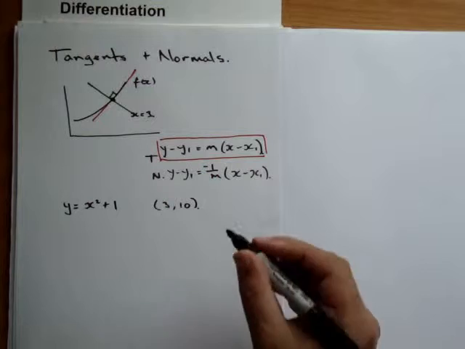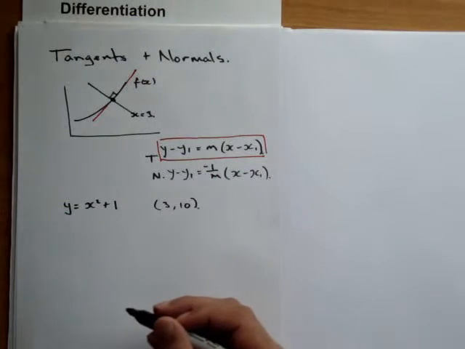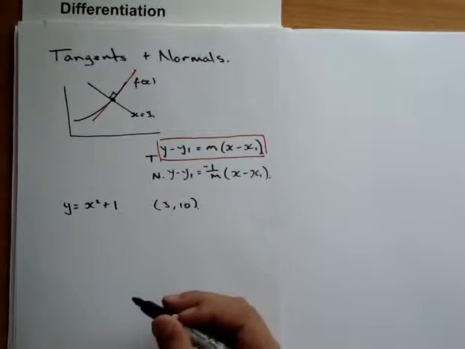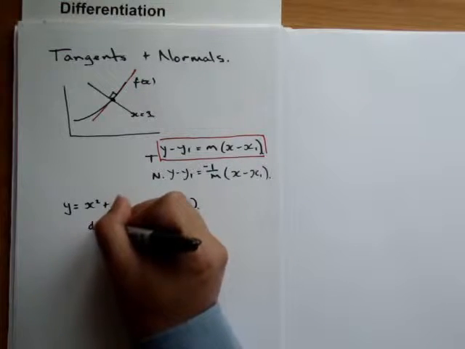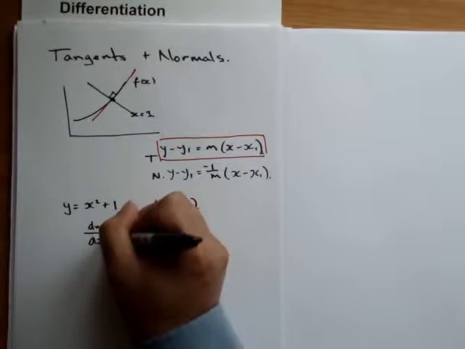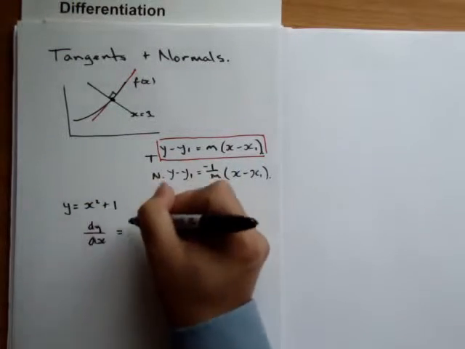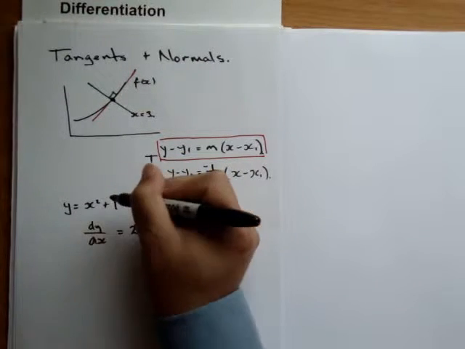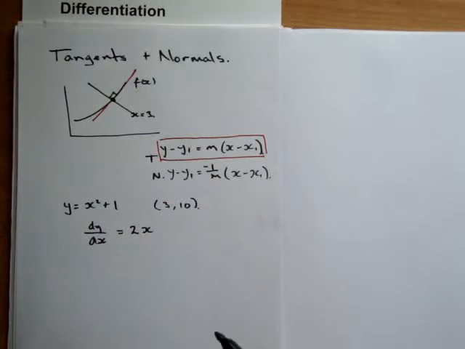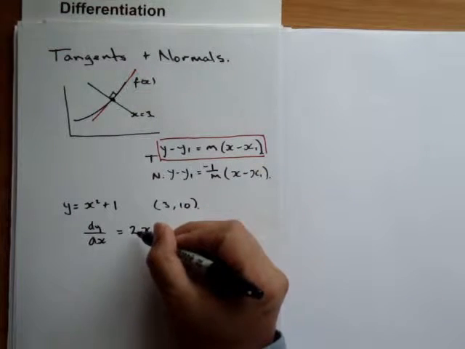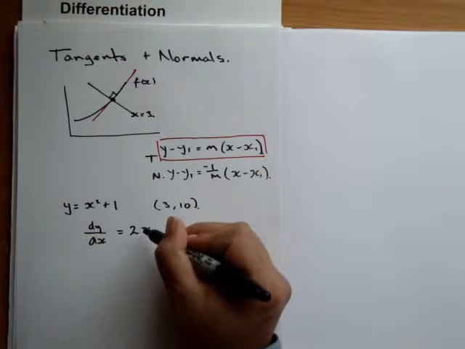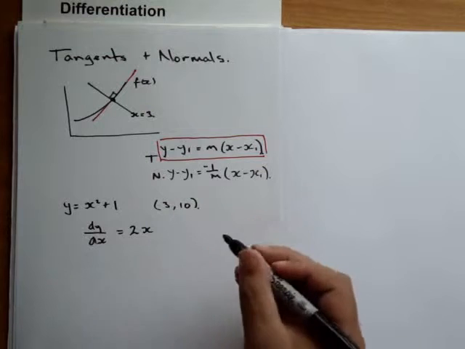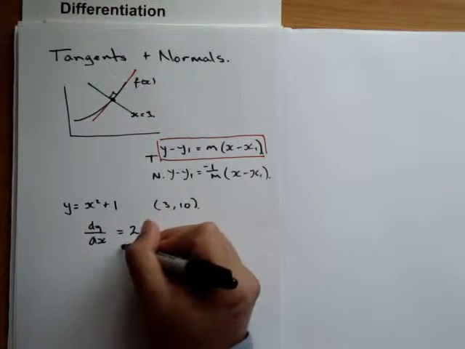Now we want to find our m, so to find m, which is the gradient, we differentiate, so we get dy by dx, bring the 2 down, and x, and then power minus 1, just leave it, it becomes 2x. Now when we put our x equals 3 into here, we get 6.